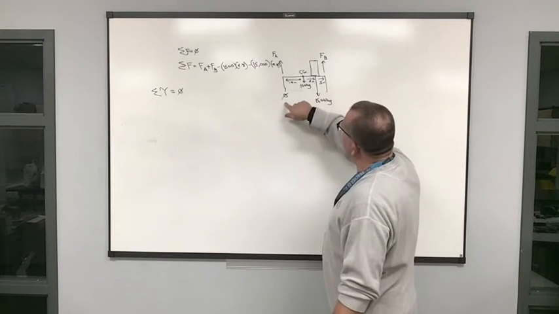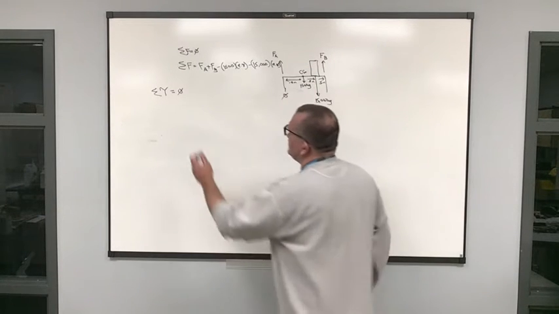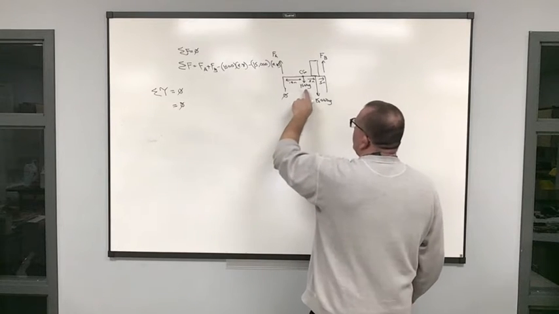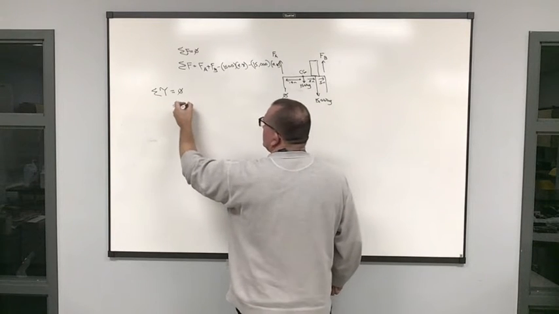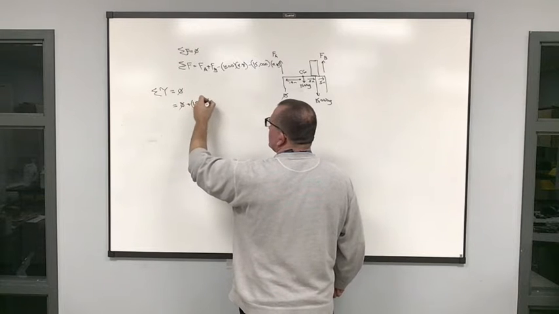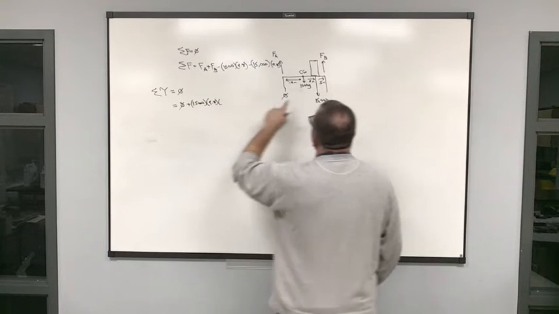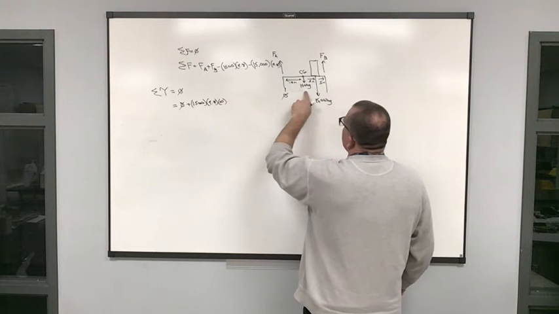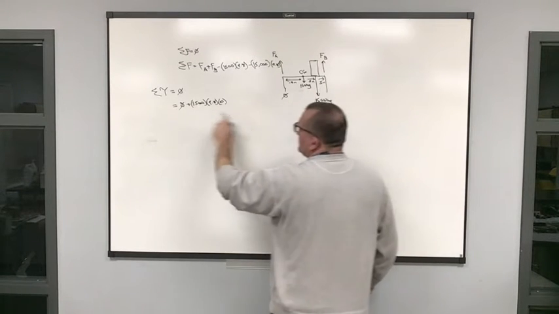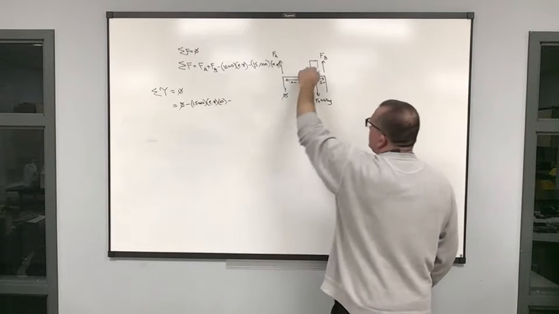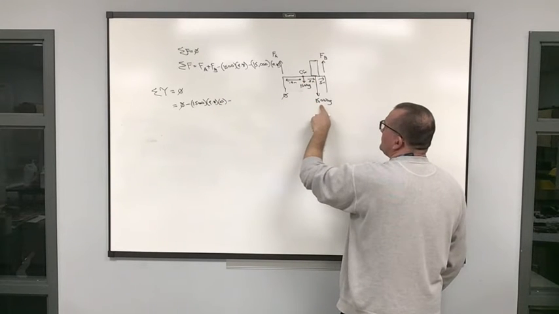The torque for force A times 0 will be 0. The torque here will be 1,500 times 9.8 times the distance from our 0 point, so 10 meters. This is going in the same direction, so I'm going to make those negative. So this one going down will be negative.